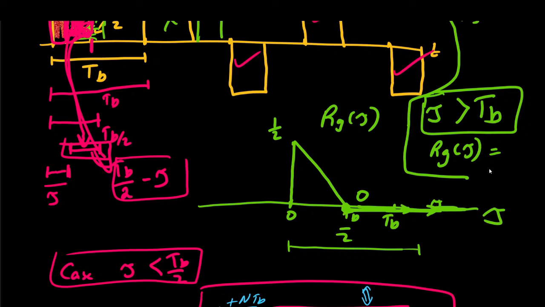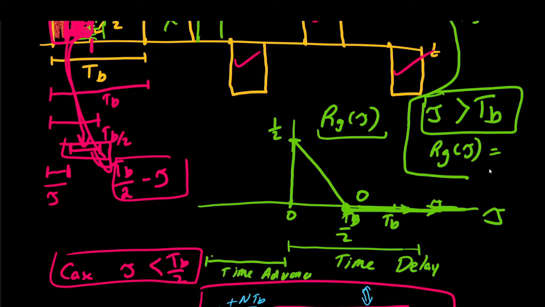So now we have this function, which is RG of tau. It has a peak value at 0 and it depreciates until TB by 2, and after that it is just 0. But this is simply for the time delay. What about time advance?